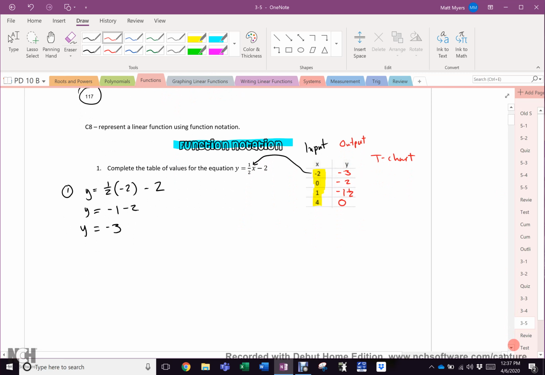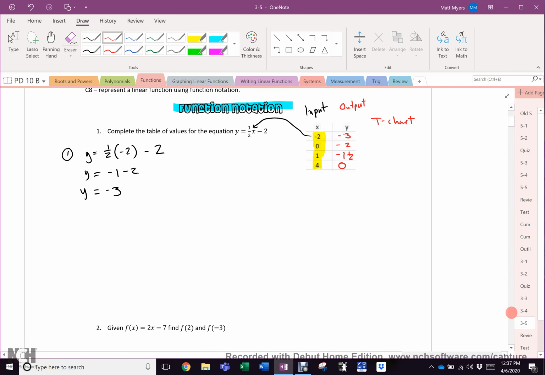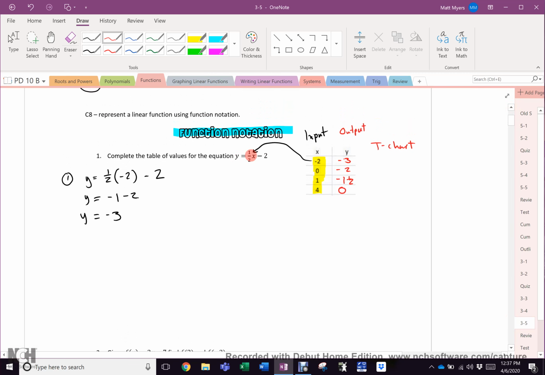So, what we have there is we are used to seeing x and y. But now this right here, which is our output, we write it differently. And we write it like this: f of x equals 1/2 x minus 2.